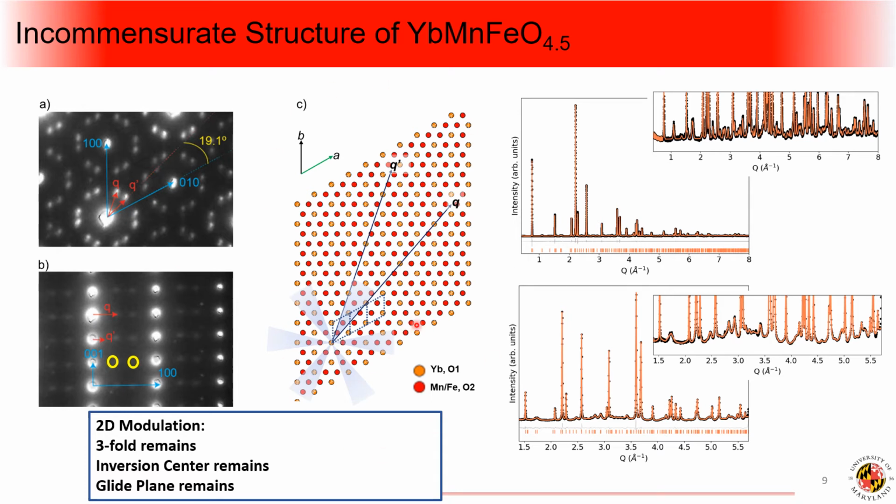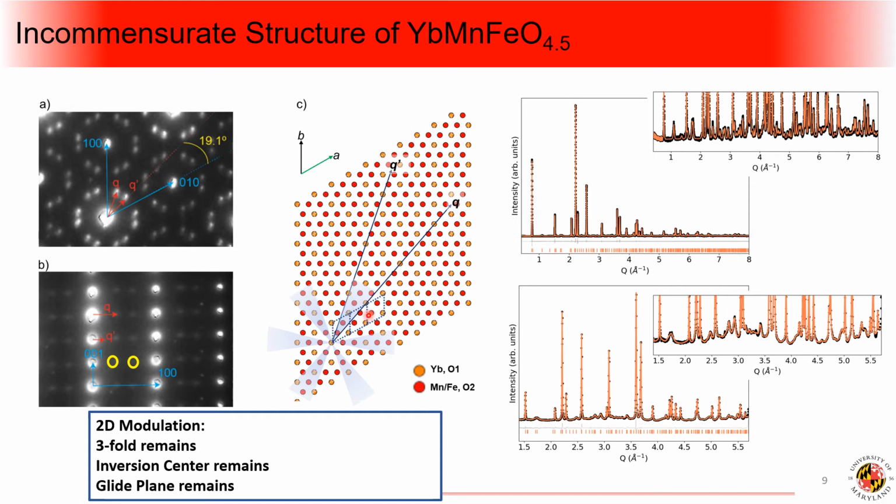And in the middle, it shows the image when we put the modulation vectors on the rhombohedral cell. As you can see, these 12 modulation vectors are identical to each other, and the direction of the modulation vector aligns exactly on the diagonal line of the unit cell.